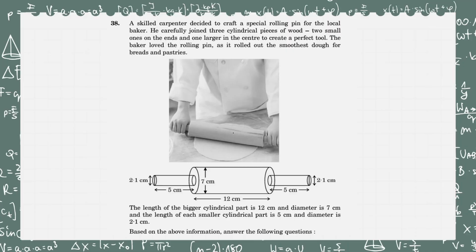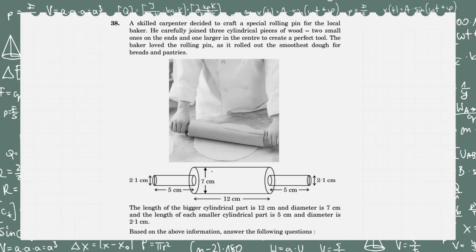Okay, so that rolling pin the person is holding, the dimensions of that are mentioned in this diagram. So seeing this, we can say the bigger cylinder in the center has a height of 12 centimeter and a diameter of 7 centimeter, right?